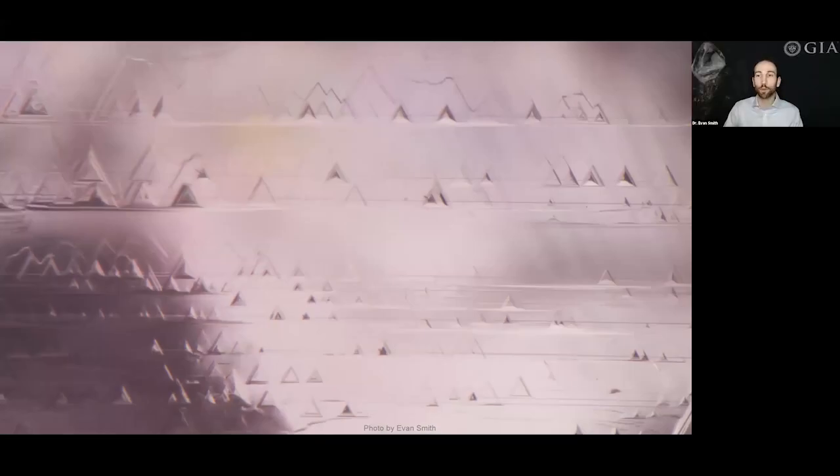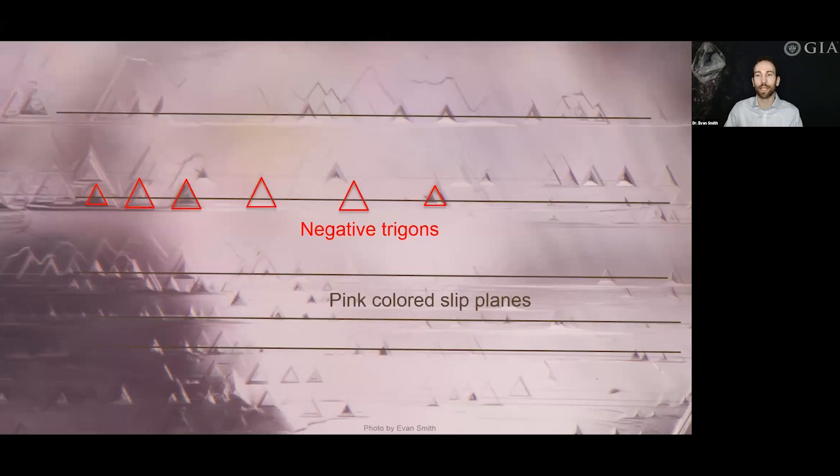The negative trigons are aligned right on top of the pink colored slip planes. The slip planes mark places where the diamond crystal lattice has some irregularity. Here, the diamond is more susceptible to being etched away by fluid.